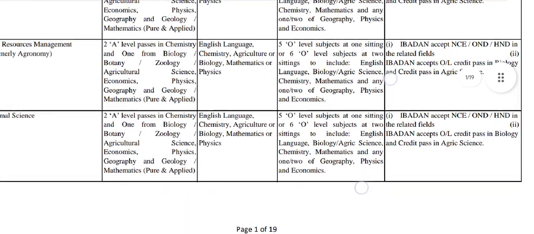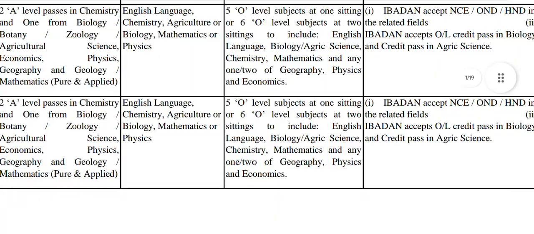So here you are applying for animal science, you must have 5 O level subjects at one sitting or 6 O level subjects at two sittings, to include English language compulsory, biology or agric science compulsory, chemistry compulsory, mathematics compulsory.